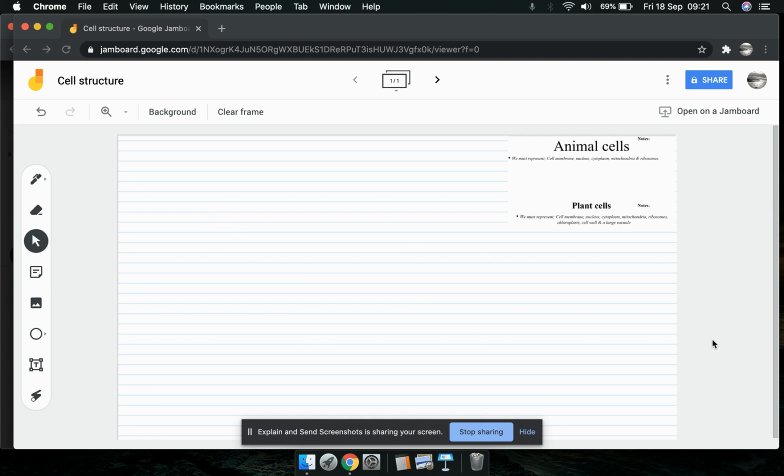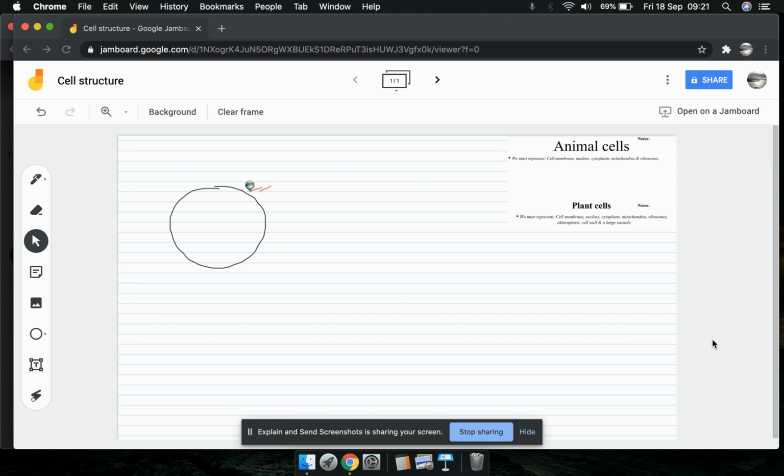And what we want to draw here is just a simple circle. And this circle structure can change shape slightly, and really the only thing that's holding it together is the cell membrane on the outside, and that's the outer layer.